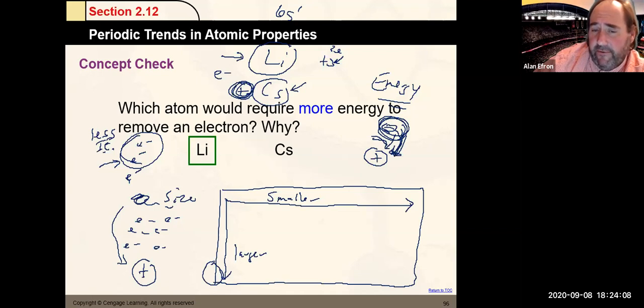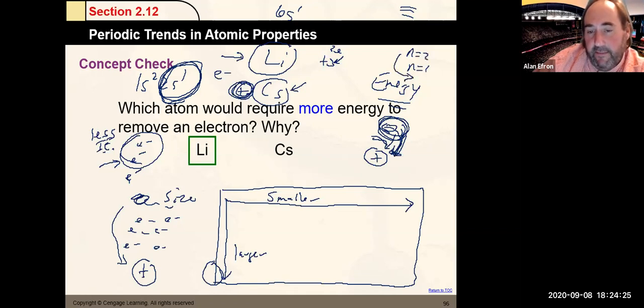Also it's the 6th energy level, which is way away from the nucleus, as opposed to lithium, which is 1s2, 2s1. Our furthest electron is only in the 2nd energy level, and that is much, much closer to the nucleus than somebody in the 6th energy level with all those electrons in the way. Other questions on that? Okay.